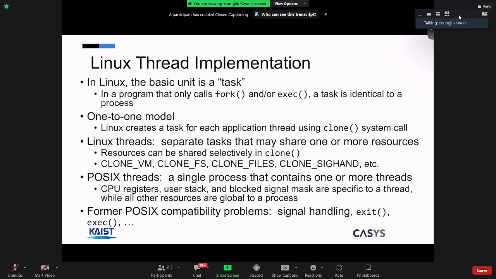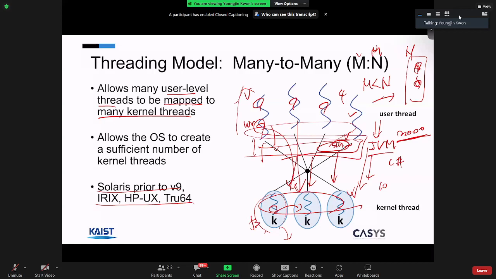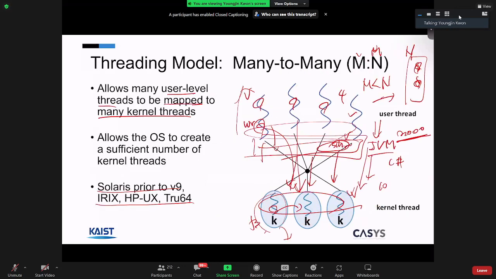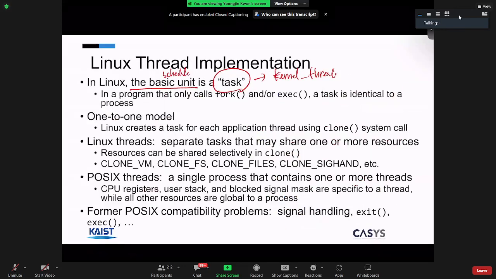But specifically in Linux, there is a basic unit of scheduling called a task. Okay, so the concept of a task. A task corresponds to a kernel thread. For a program that only calls fork and exec, a task is identical to a process.